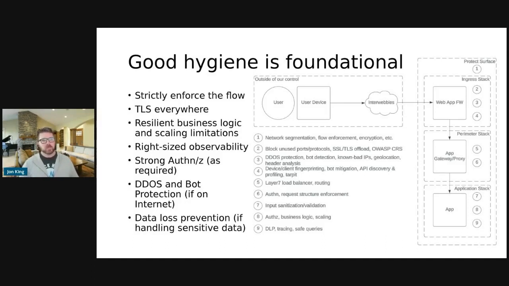These are core items, right? And good hygiene is foundational in the same sense that you cannot build multiple floors if your foundation isn't stable, right? Eventually, what you end up with is your whole house collapsing or shifting because you've been building on top of an unstable foundation.